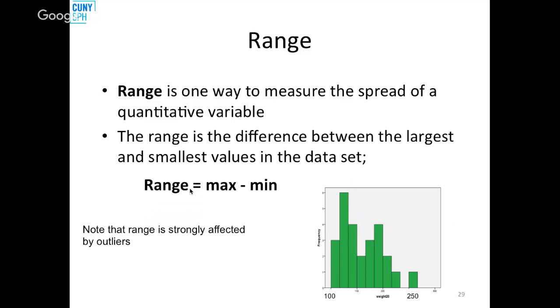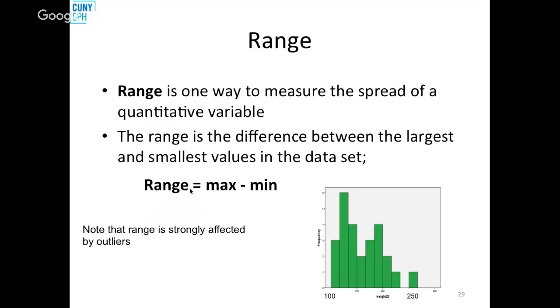And unlike the mean or the median, it doesn't stabilize as you get to larger samples. Actually, what's going to happen to the range if, say, we have a normally distributed population, as you take larger and larger samples? Yeah, it gets larger.